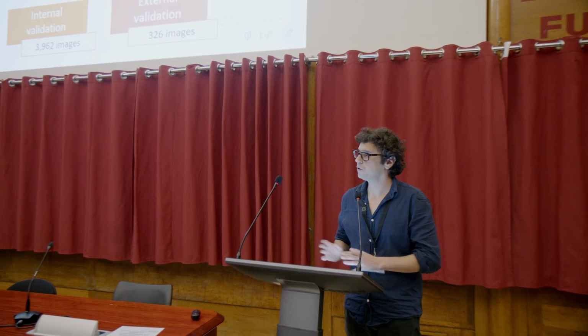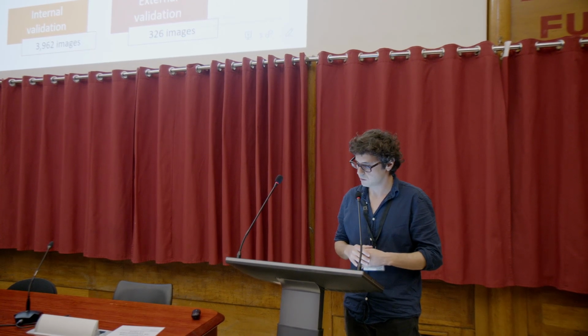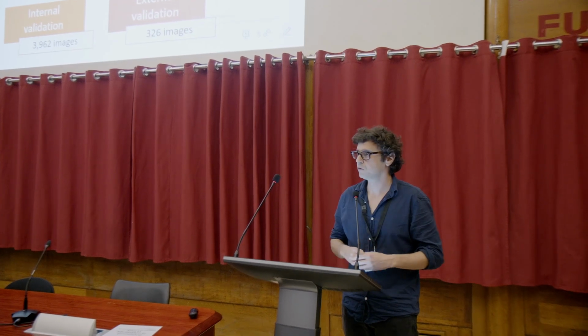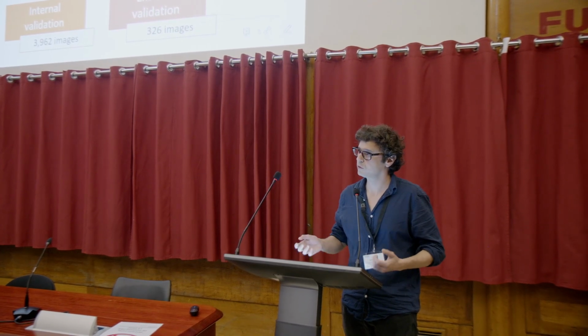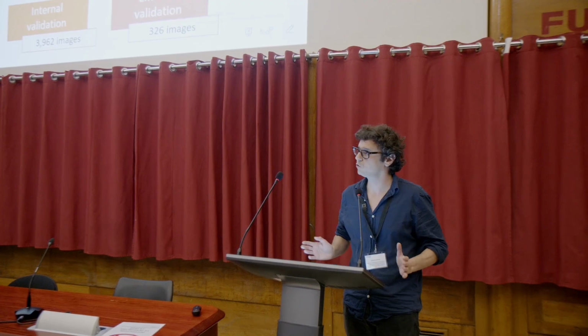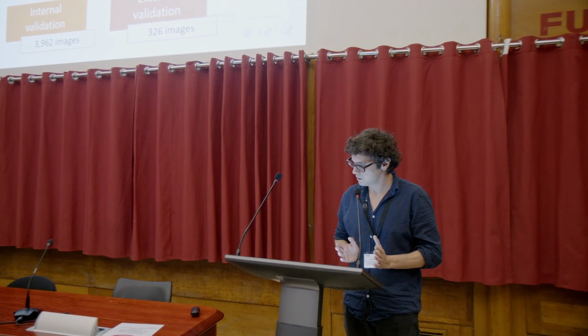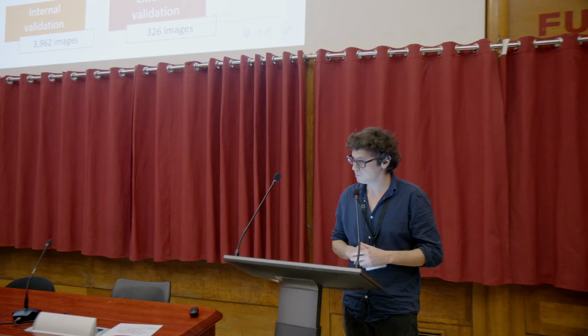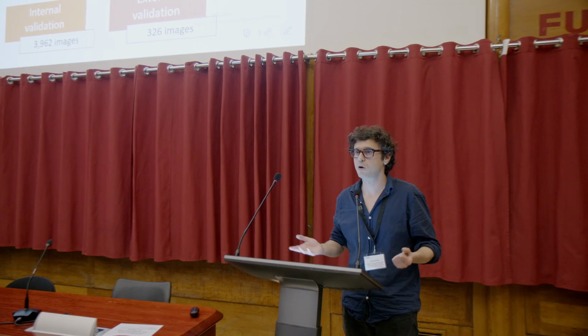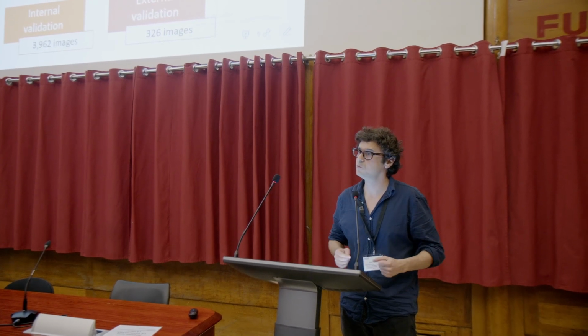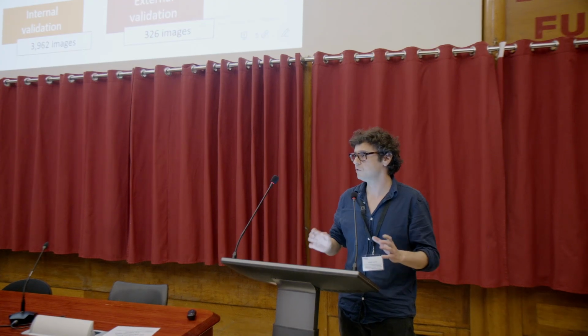Then he had another collection of images that he took later on, and because at this time he was almost not using digital otoscopy, this collection is smaller, with only 326 images, but we thought maybe we could use it for external validation because it was collected at a different period of time.